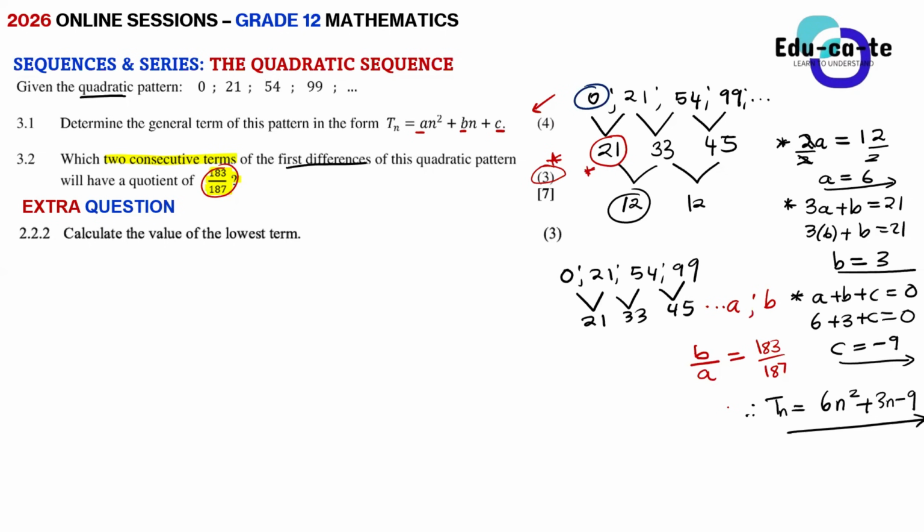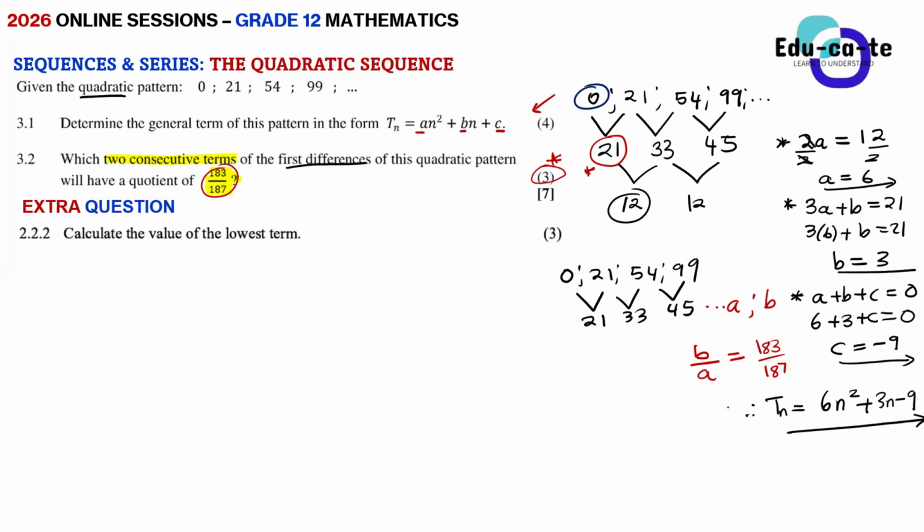Okay, sir. I realize the question is for which two consecutive first difference terms. First, I showed the difference formula: Tn plus 1 minus Tn. Then we take the constant difference, therefore I get 12n plus 9. After that I did another one and got 12n plus 21, therefore I divided by the other, giving 12n plus 21 over 12n plus 9.